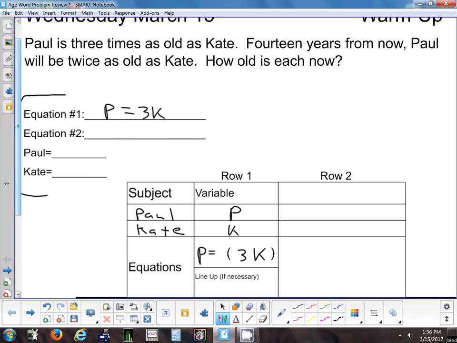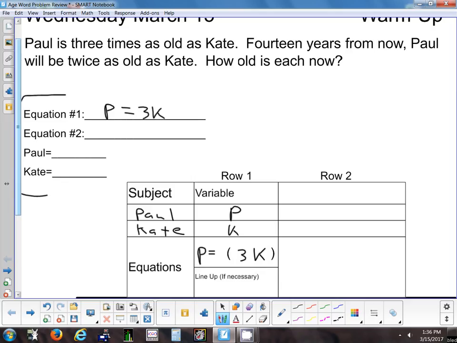All right, what's the next thing we have to figure out? There are 2 kinds of problems. This could be about the people's ages in the future, or it could be something else. What are your 2 options? Future or past. If it's a future problem, what operation is the future? Addition, right? How old will you be in 2 years?